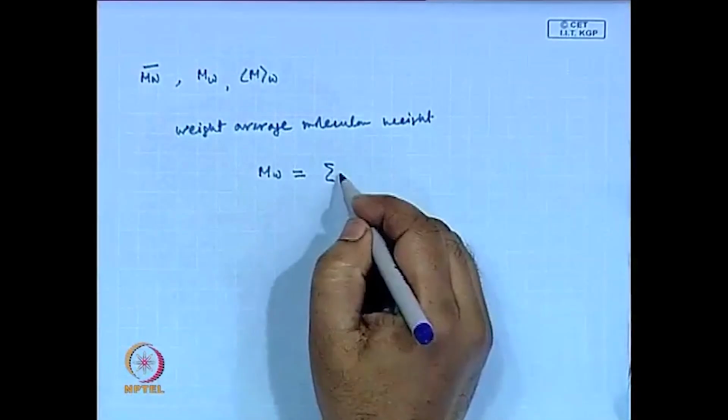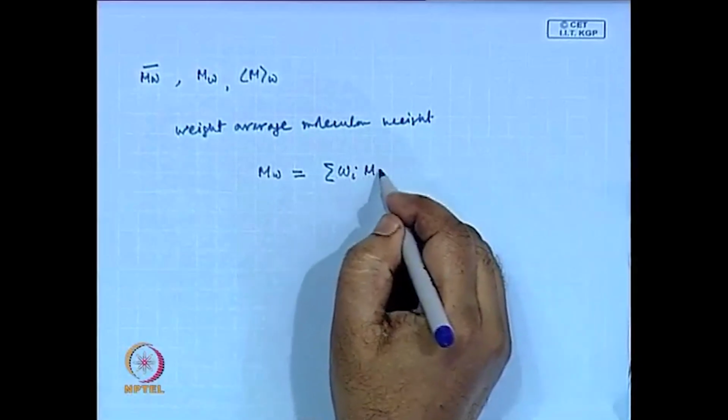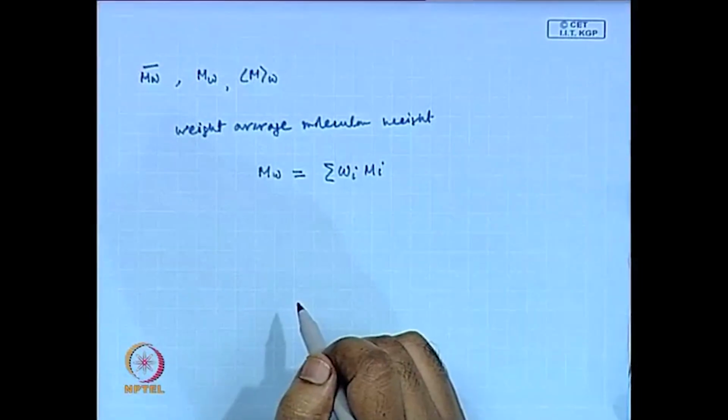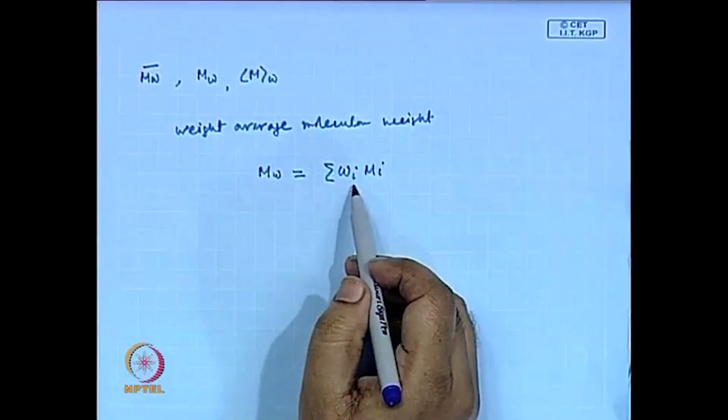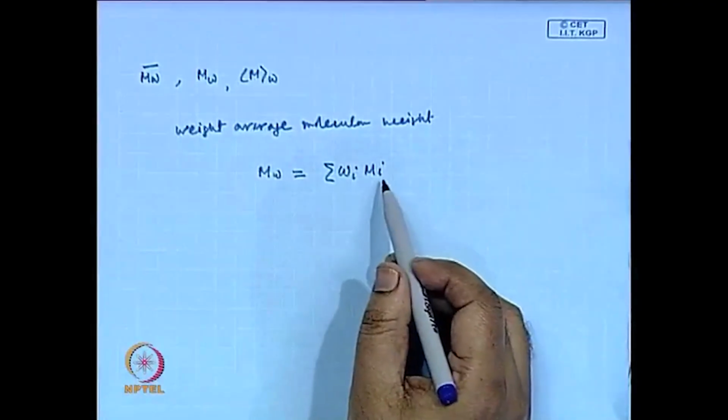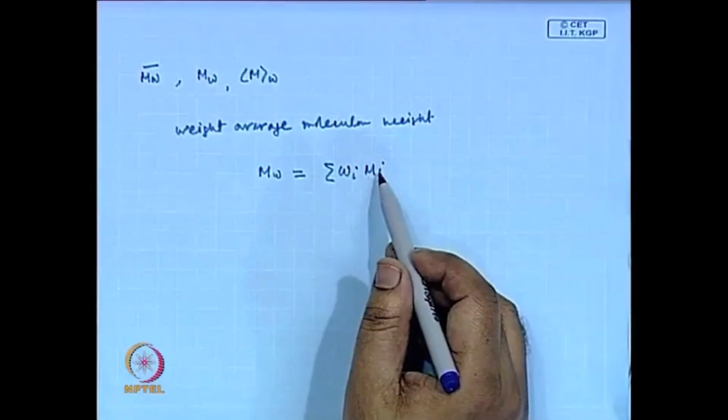In this case we have the weight fraction multiplied by the molecular weight of the individual fraction. So, Wi is the weight fraction of the molecules having molecular weight of Mi.